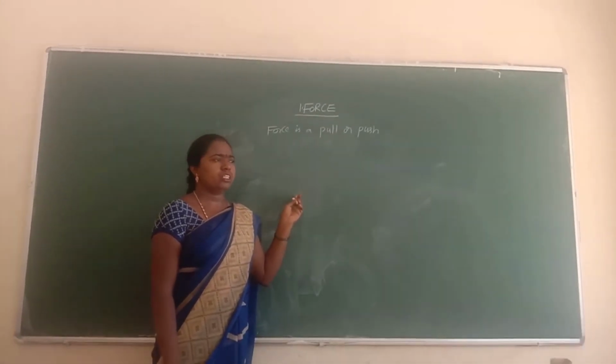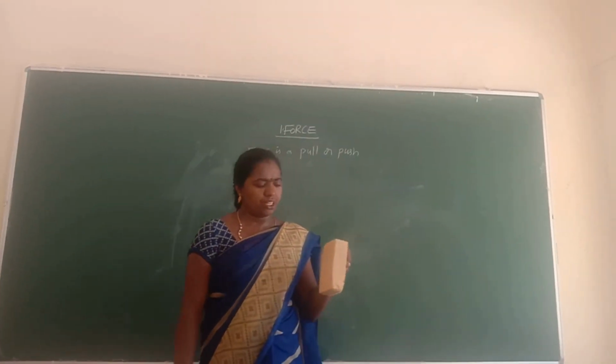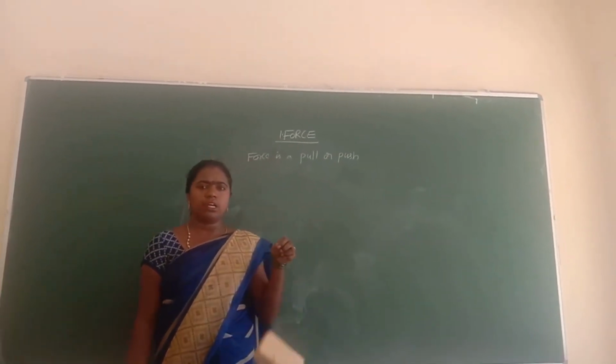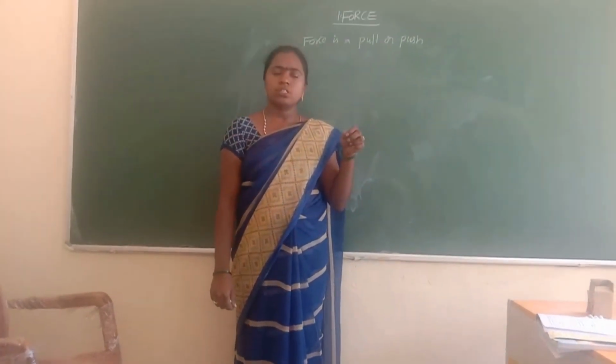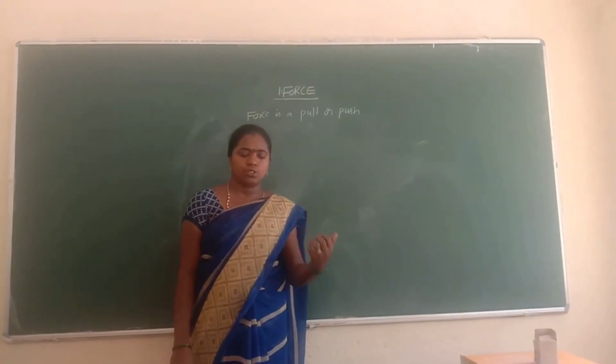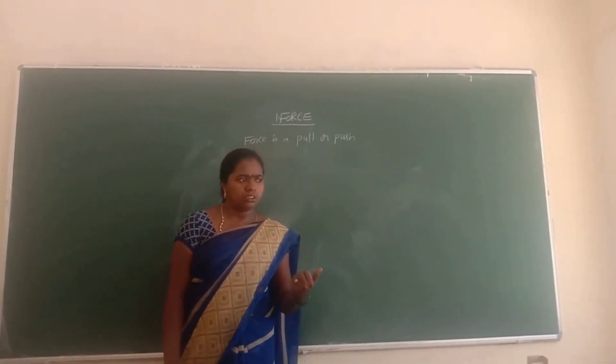Next, if an object slips from the hand, it falls down. What pulls it down? The object is pulled down.